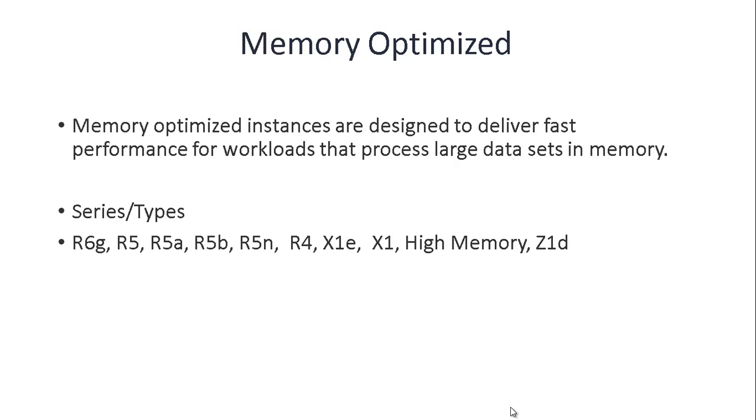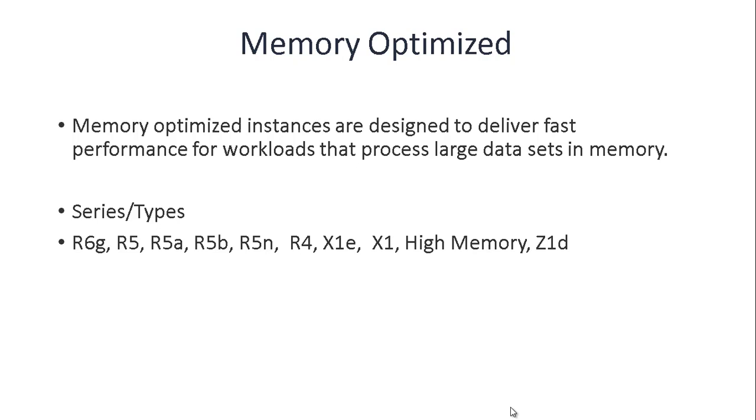Next, memory optimized. Memory optimized instances are designed to deliver fast performance for workloads that process large data sets in memory. Suppose in some circumstances we need more memory, meaning RAM, in a particular instance. Then we can use these memory optimized instances. There are several series: R series, X series, and Z series.